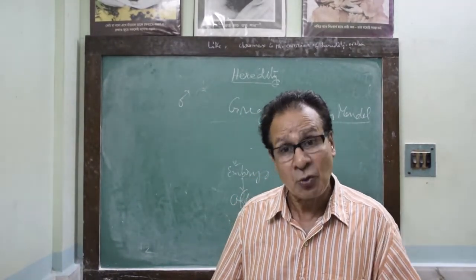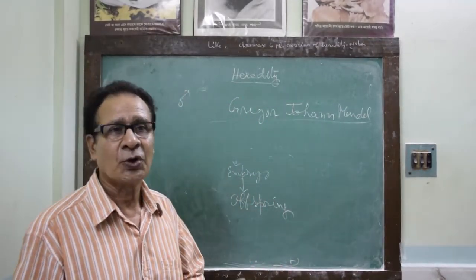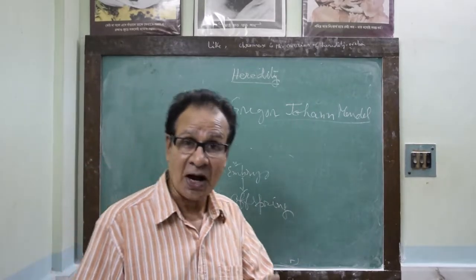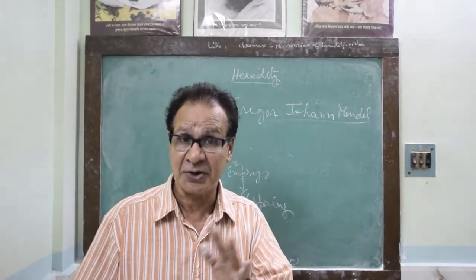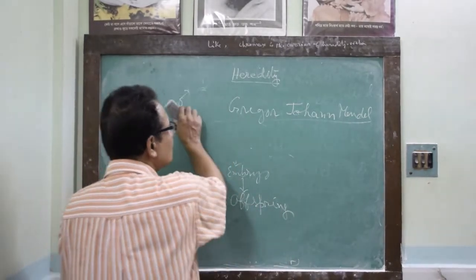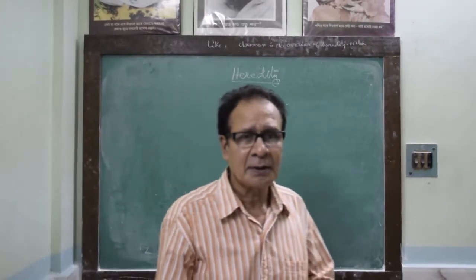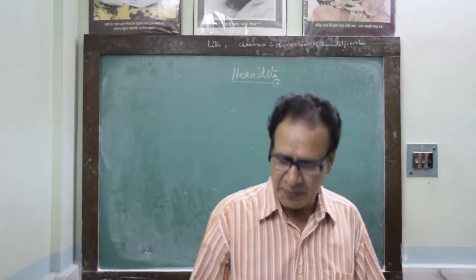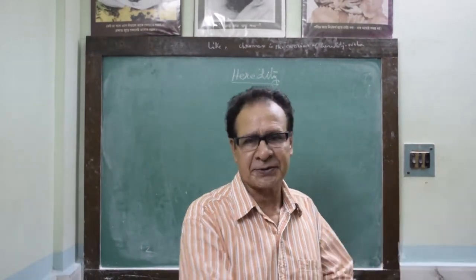What is genetics? The branch of biology which deals with the study of gene, its structure, transmission, etc. is known as genetics. Now you see there is the saying that like begets like. It means the offspring resemble the parents.